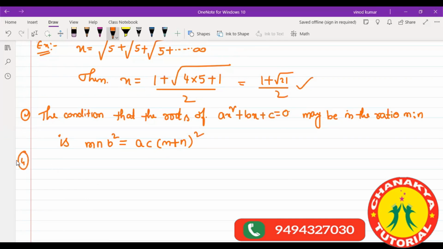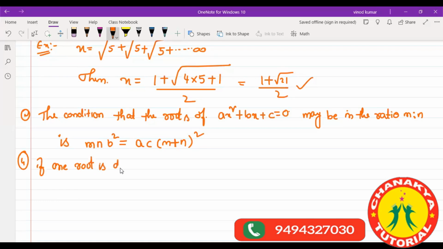For example, given one quadratic equation that will have two roots, those two roots are in the ratio m is to n, then the condition compulsory is mn into b square equals to a into c into m plus n whole square.